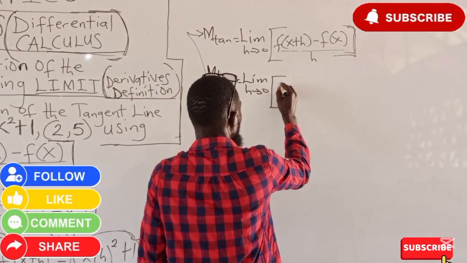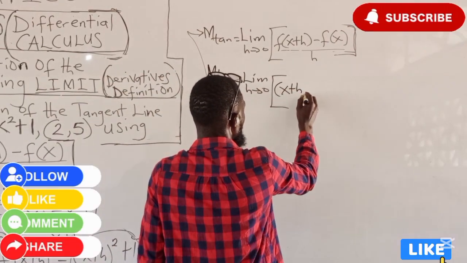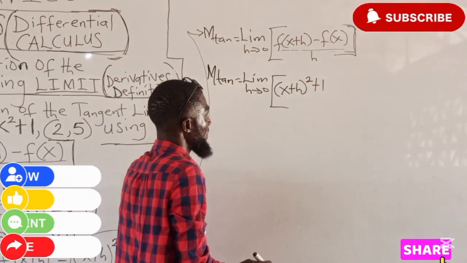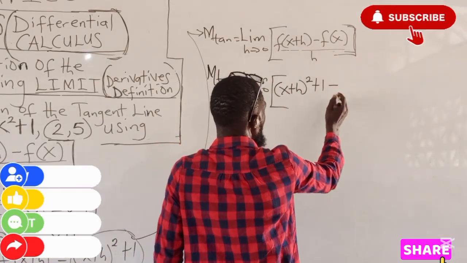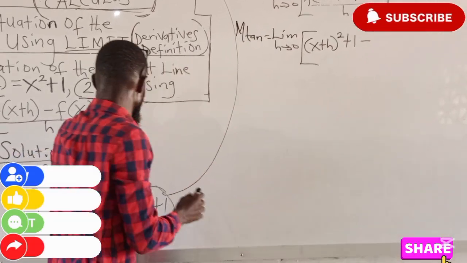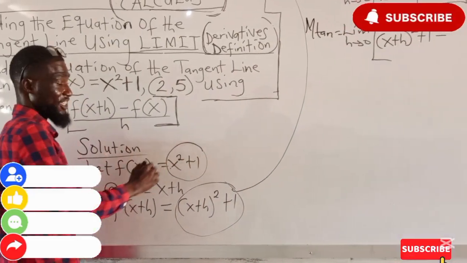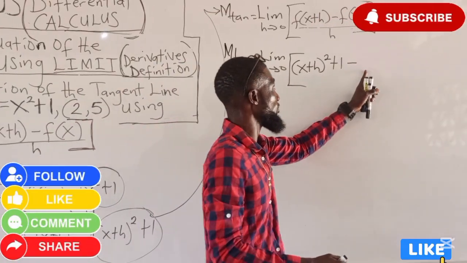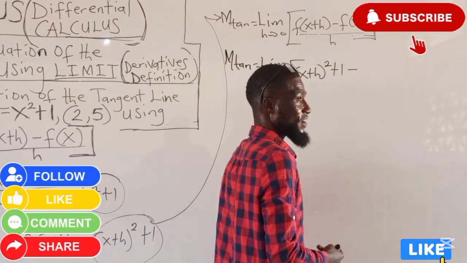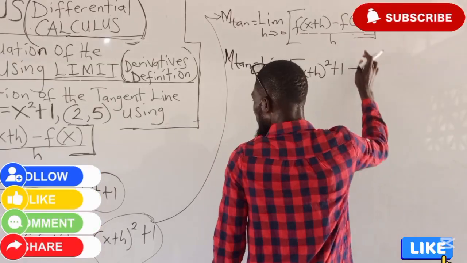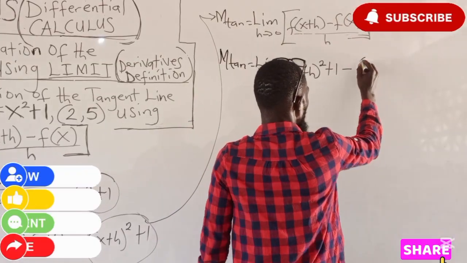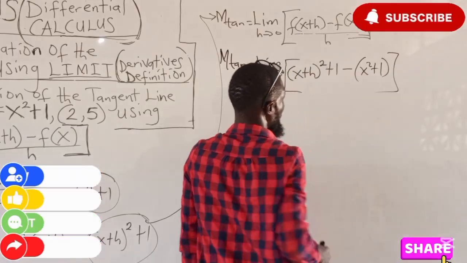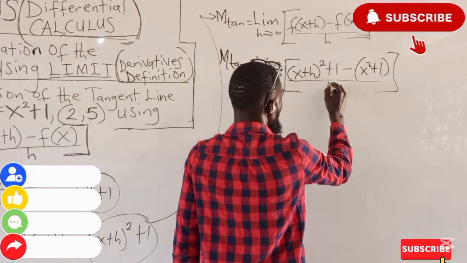So (x + h) all squared plus 1 is used to represent this, and minus f of x, which is just equal to x squared plus 1. So we place it here to represent f of x, in parentheses x squared plus 1, bracket closes, over h.